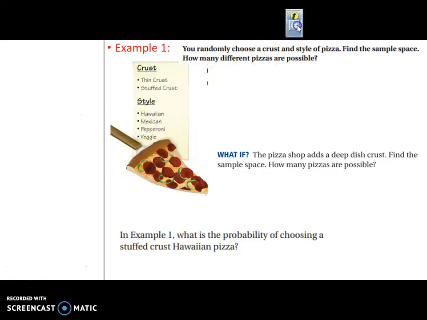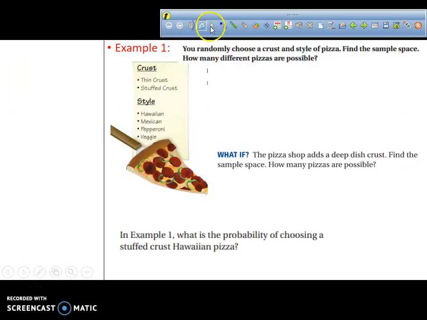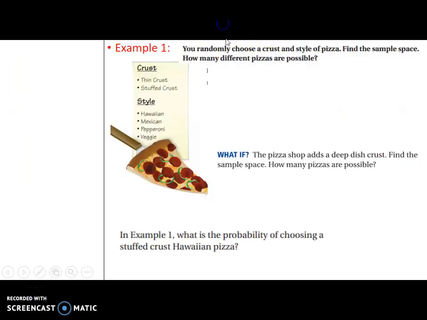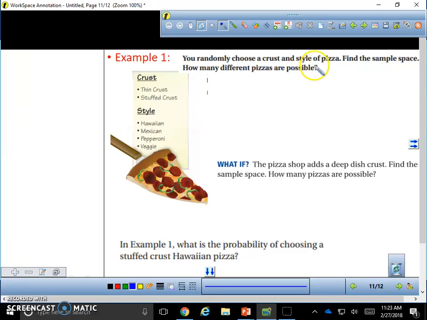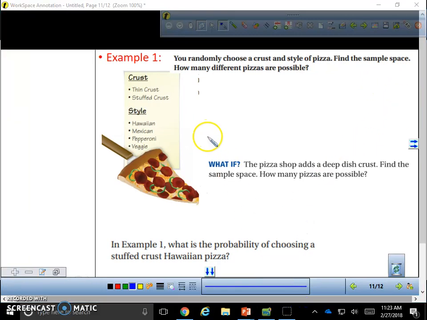Example 1. We are going to be looking at randomly choosing a crust and a style of pizza. Find the sample space. You can list the sample space, or you can use a tree diagram to find that sample space. I prefer the tree diagram.